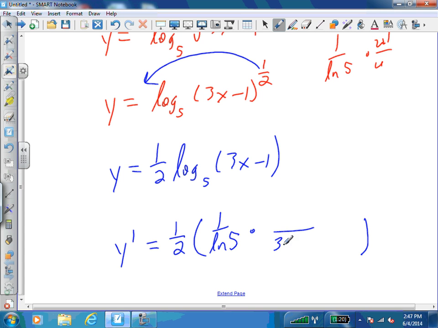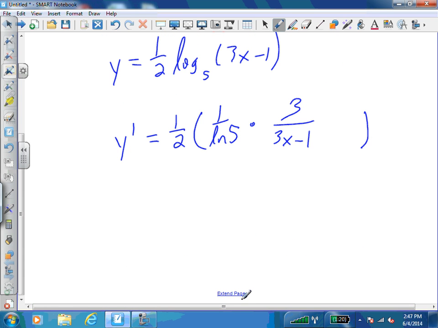So u is 3x minus 1, so u prime is 3. So however you want to compile that. So 3 on top, 2 natural log 5 times 3x minus 1.